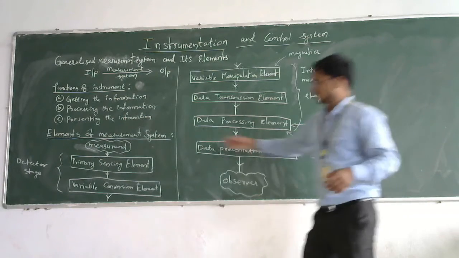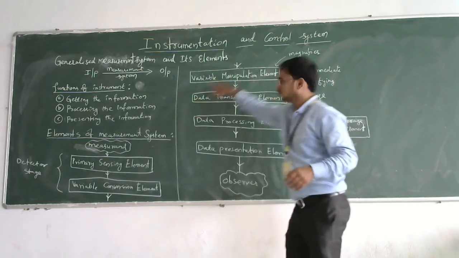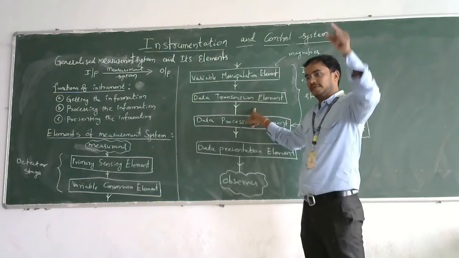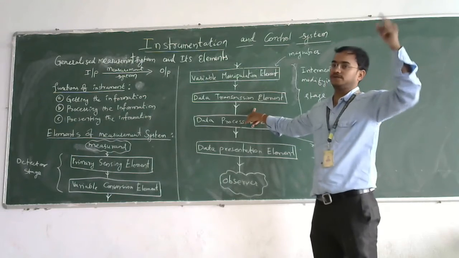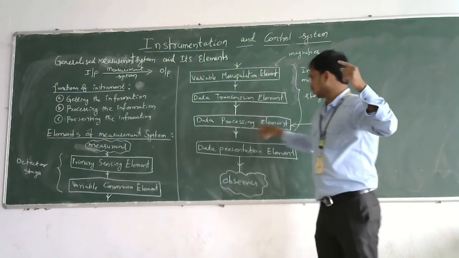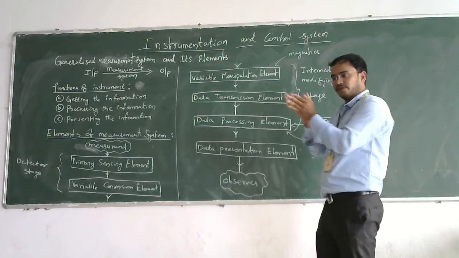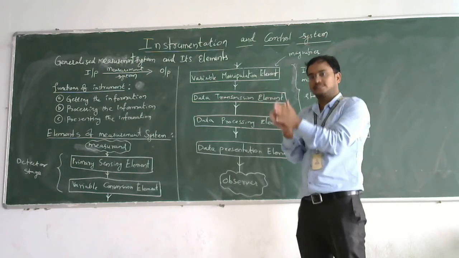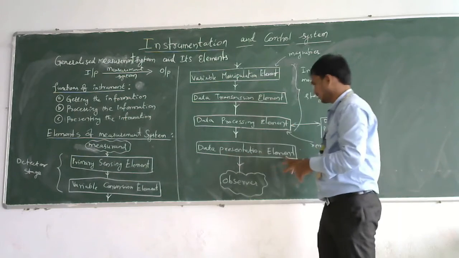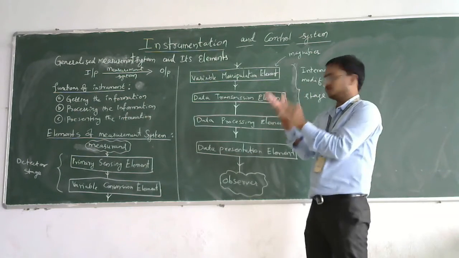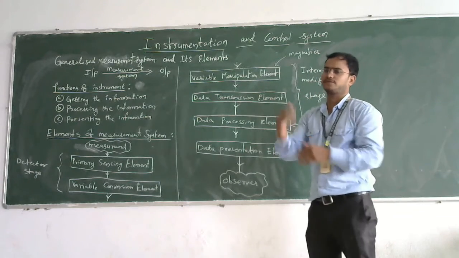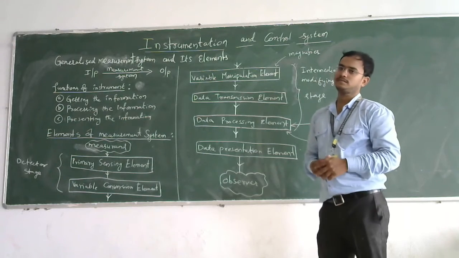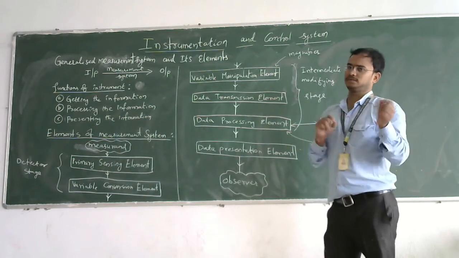By converting the input signal into a suitable form. If the signal is in an unusual form, like with high noise or high frequencies, this data processing element must restrict it, control it, and bring it to a normal form, such that the data presentation element can present the signal in a suitable manner, and then it can be read by the observer, and you will get the readings.